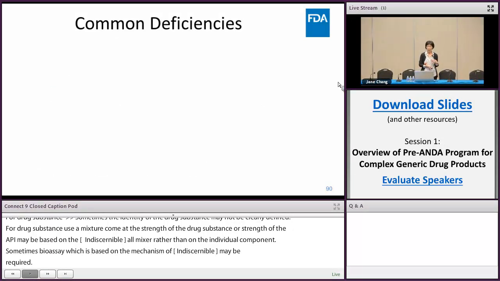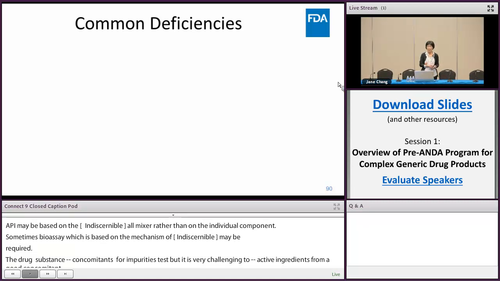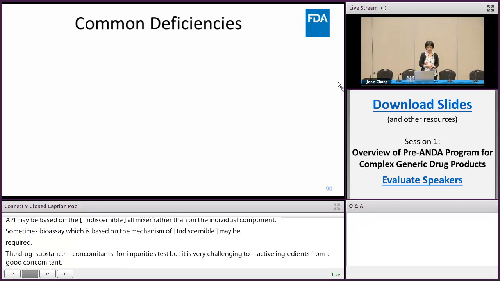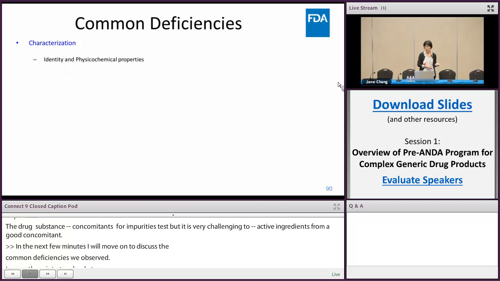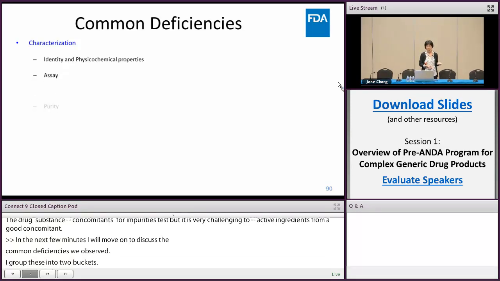In the next few minutes, I will move on to discuss the common issues that we observe. I group these issues into two big buckets. The first one is related to the characterization regarding identity, physicochemical properties, assay, and purity.